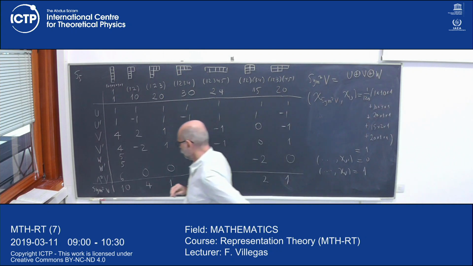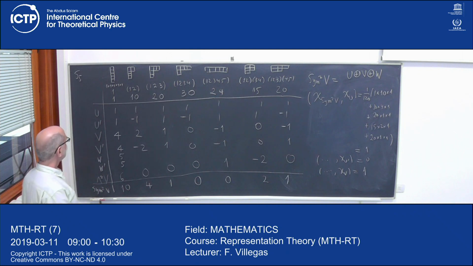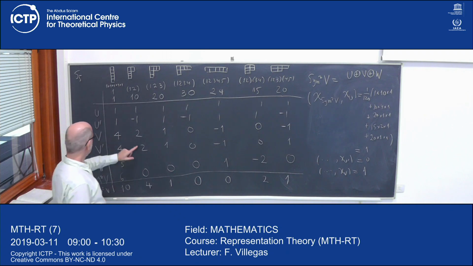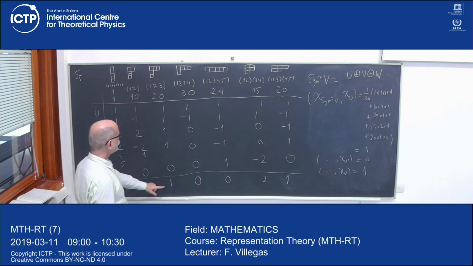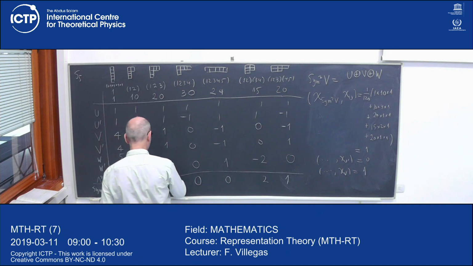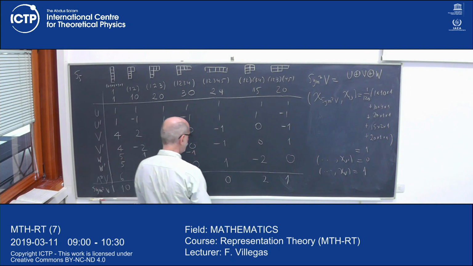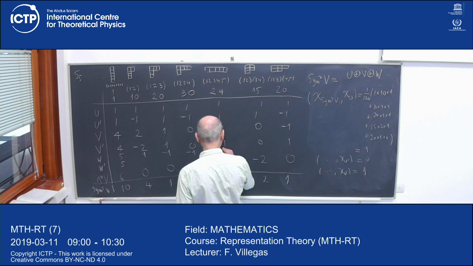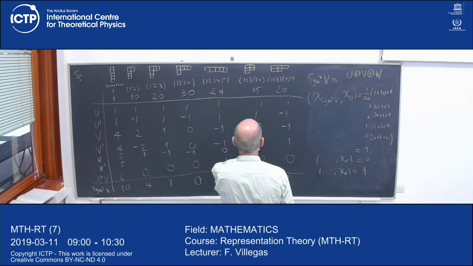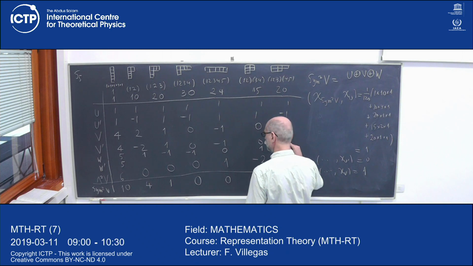So we can compute the character by subtracting from this last row the row of V and the row of U. So let's see, we have 10 minus 5 is 5, 4 minus 3 is 1, 1 minus 2 is minus 1, 0 minus 1 is minus 1, 0 minus 0 is 0, 2 minus 1 is 1, 1 minus 0 is 1.